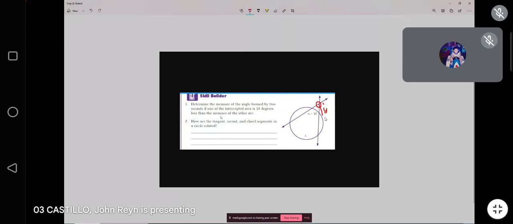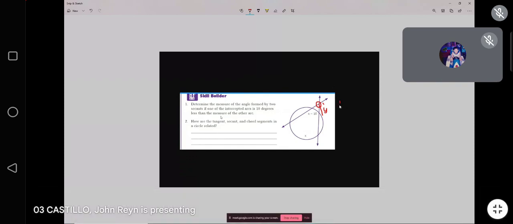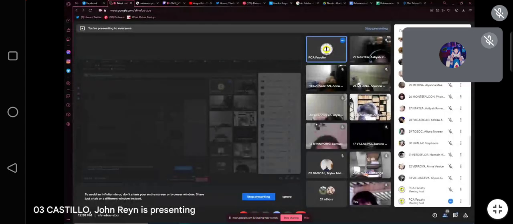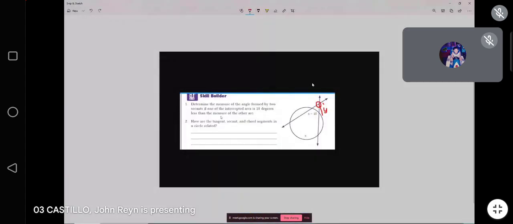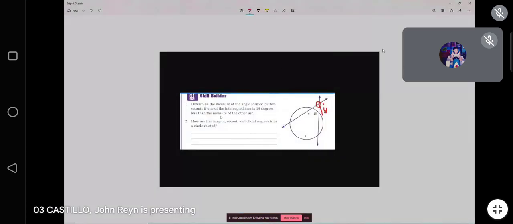Punta ka dun sa labas, sa gray. Black part pa rin yan. Gusto ko sa gray ka magsulat. Bilisan mo. Wala na tayong time. Sa gray part, ang laki-laki ng background mo dyan. Bilisan mo.